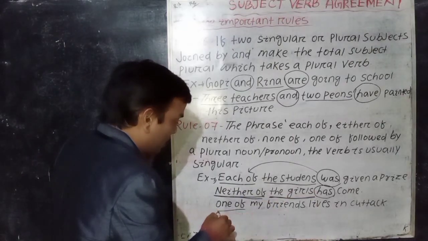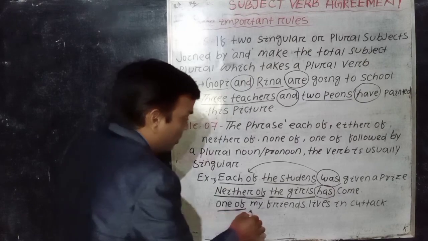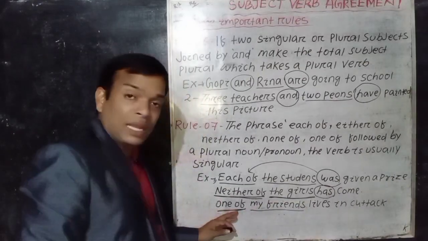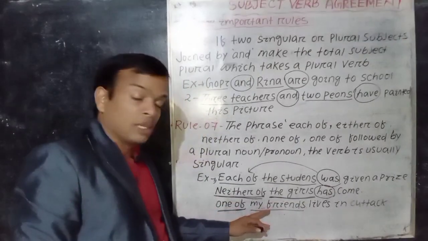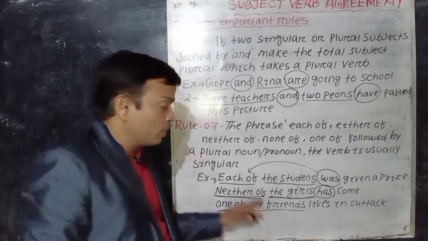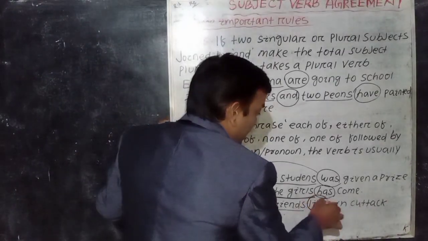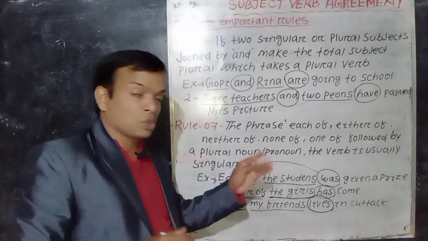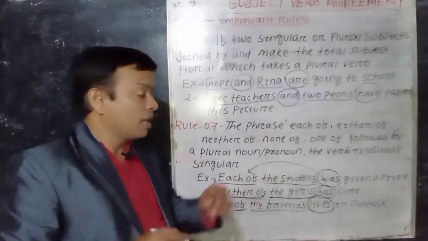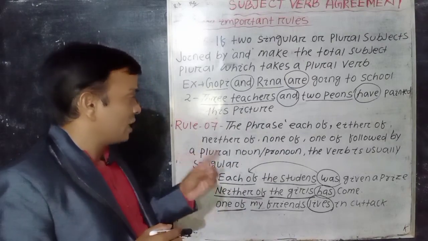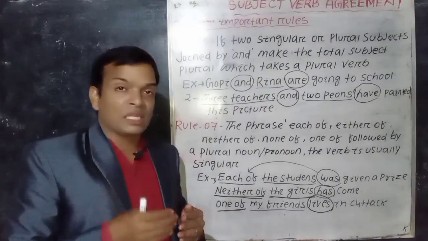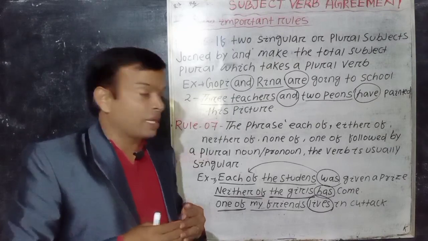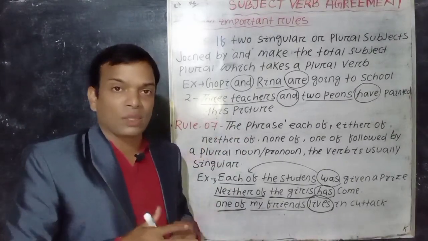Like this, one of, see, after one of, my friends is plural, but the verb, that is lives, is singular. So you should remember all the phrases. I am telling you again: each of, either of, neither of, none of, one of. After these phrases we use a plural noun, but they take a singular verb.